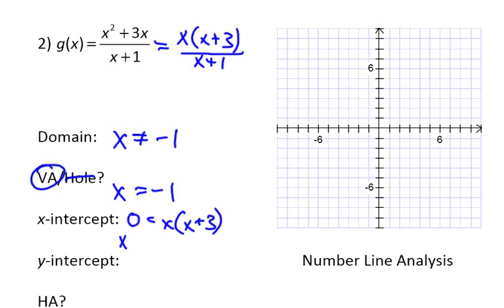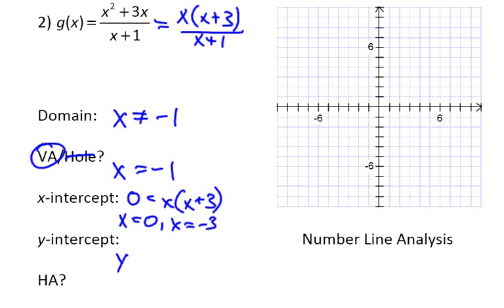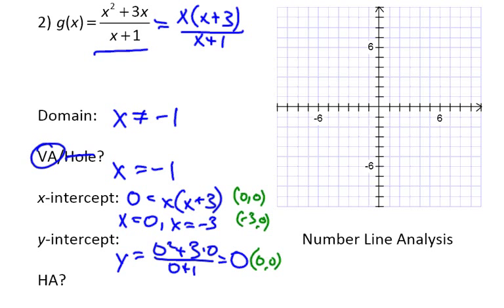We have x could be 0, or x could be negative 3. For the y-intercept, I recommend using the polynomial form on the left. Plus 3 times 0, so we have 0 in the numerator, 0 plus 1 in the denominator. Y will be 0. So here are our 3 intercepts.